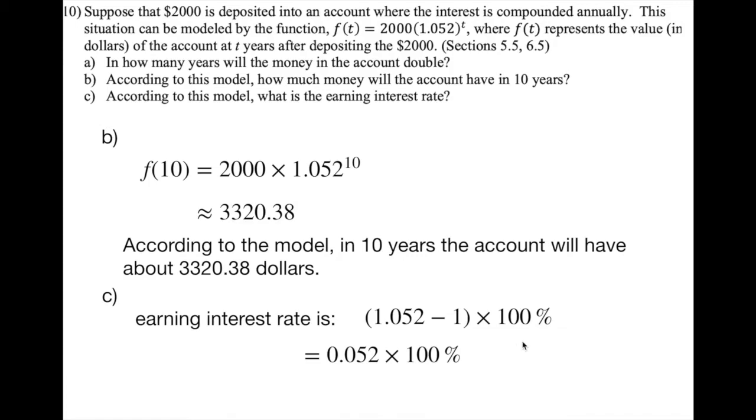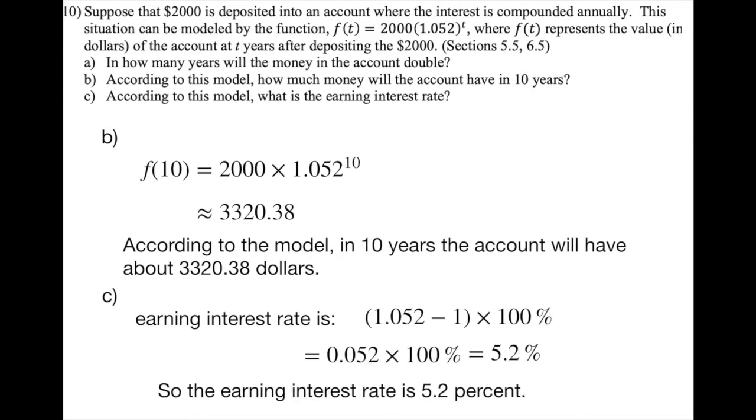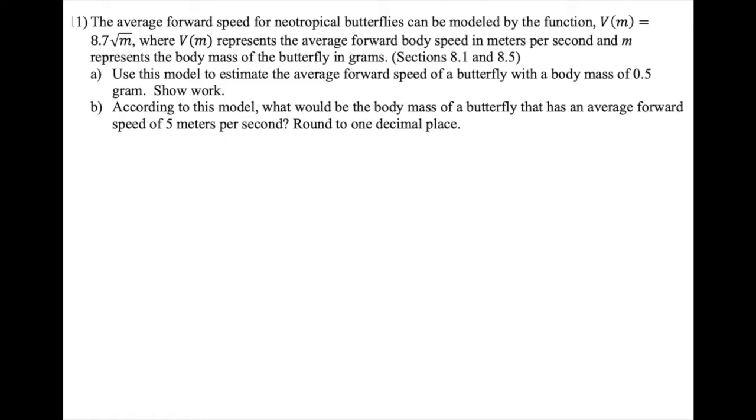So that's 0.052 times 100%. Again, in order to change this one into the percentage, you have to move the decimal point to the right twice. So 1, 2. That will give you 5.2%. So the earning interest is 5.2%. That's part C.